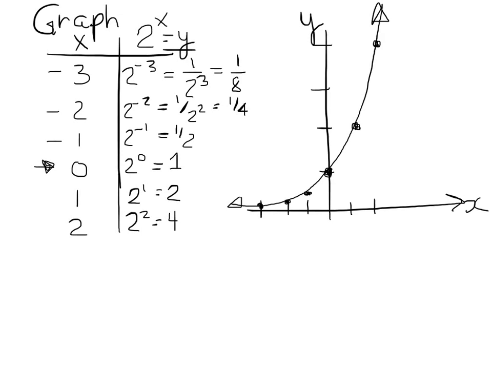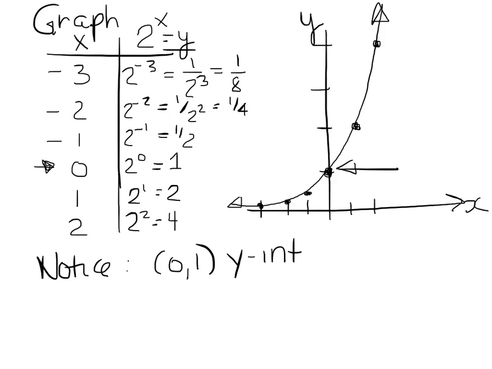And you'll notice some key features about this graph, and I'll be referring to those key features all the time. First, notice you have right here a y-intercept, 0, 1. Okay? Also notice that you have a horizontal asymptote right here on the x-axis. And you can think about it this way.